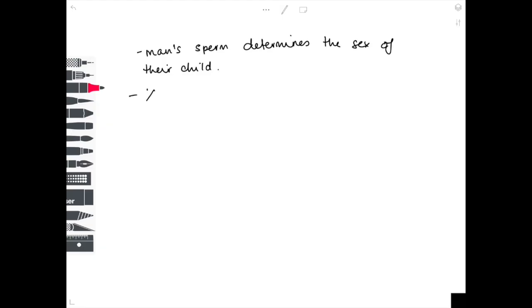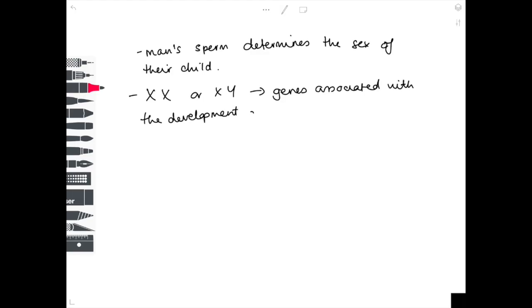and the chromosomes, so the XX or the XY, contain lots of genes associated with the development of sex organs. You might not know that they have lots of other roles which might not be to do with sex at all, and they code for characteristics which are completely unrelated to sex.